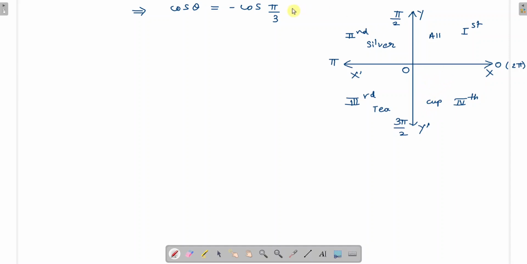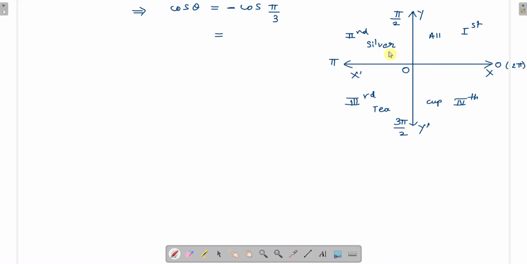Now see, cos, we want to convert this minus cos into a positive cos, right? So what we have to do is, we have to see where cos is negative, because we have minus cos pi by 3, right? So cos is negative in the second quadrant and the fourth quadrant, right?